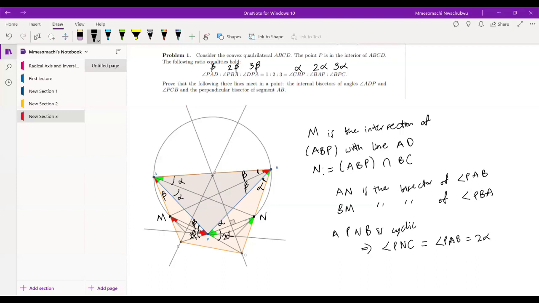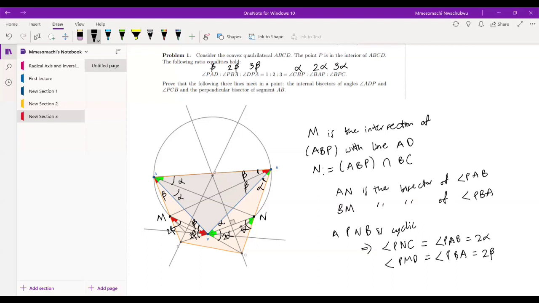So this angle here is going to be 2 alpha. Okay. And in a similar fashion, we get that angle PND rather, is equal to angle PBA, which is equal to 2 beta. Okay. So it means this angle here is 2 beta. Okay. So what do we have?